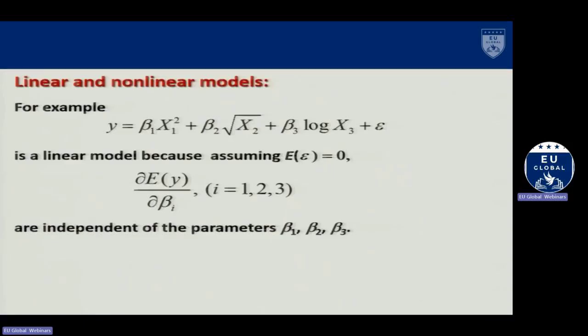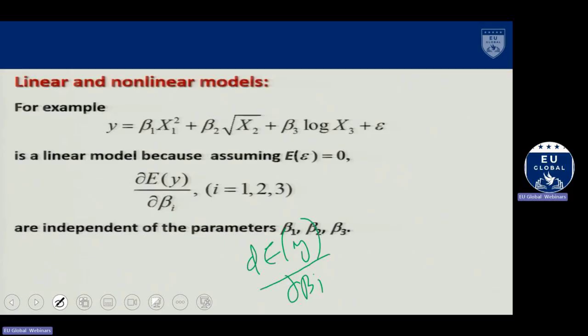Suppose we take this example and find dE(y)/d(beta i), so it could be beta 1, beta 2 or beta 3.